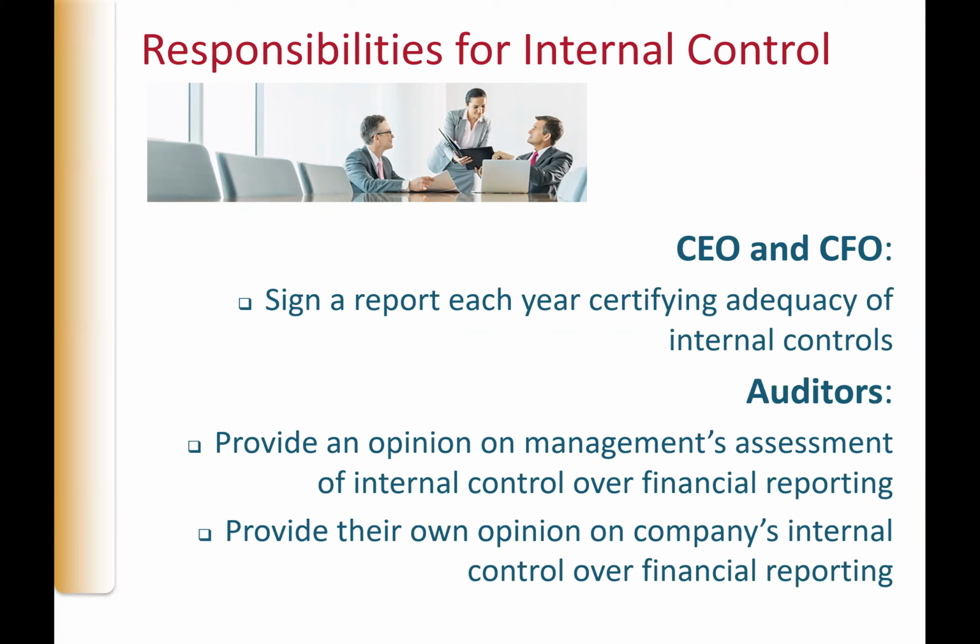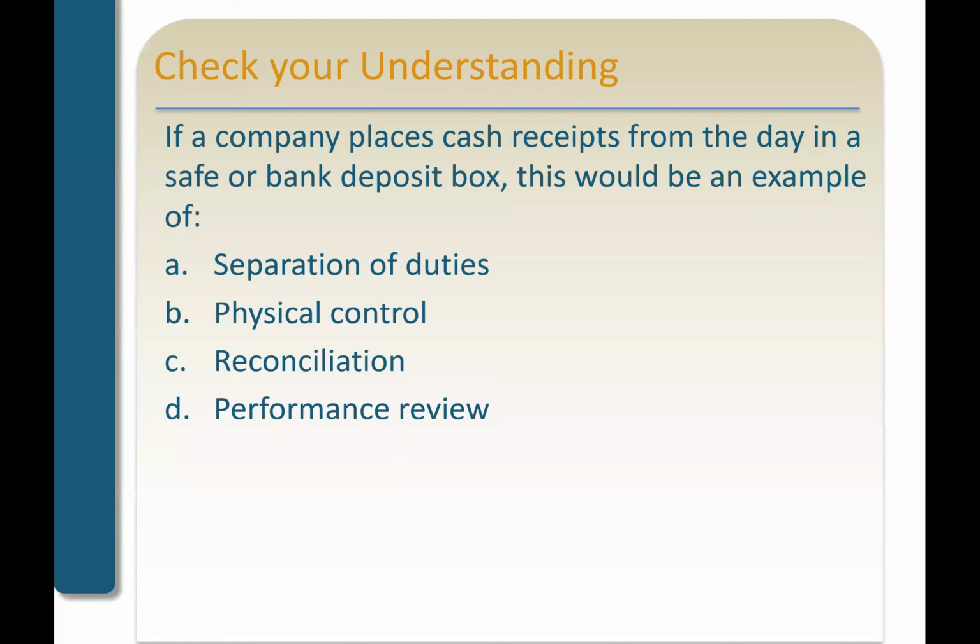The external auditors are also required to provide an opinion on management's assessment of internal control over financial reporting. And then they're required to provide their own opinion regarding the company's internal controls over financial reporting.